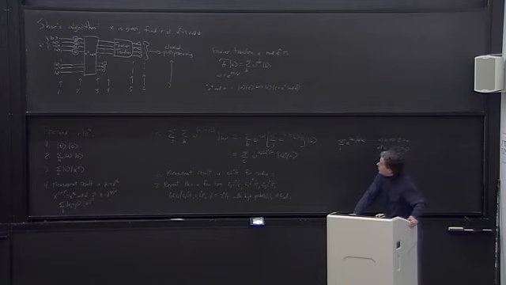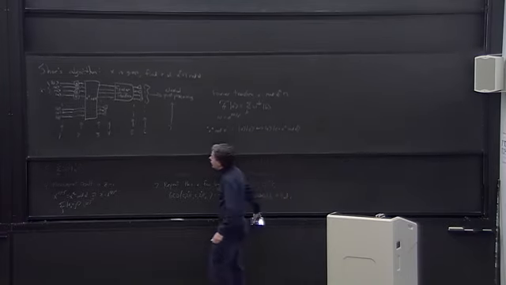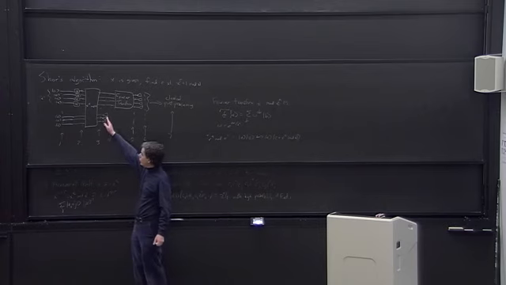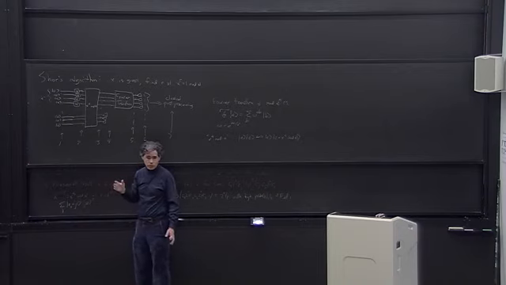OK, so one last thing today, which is just a very simple observation. The way I described this, at step 4, we measured the second register. But if you're paying attention, you notice we didn't ever use that information, right? So you don't actually have to measure that second register. That's not really part of the algorithm.